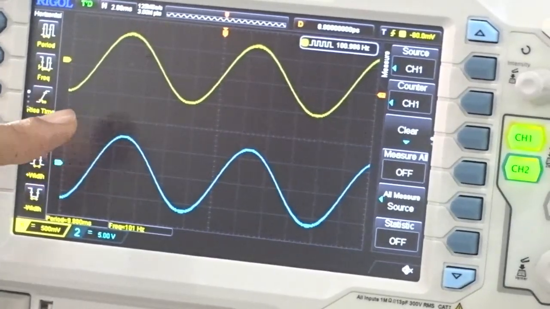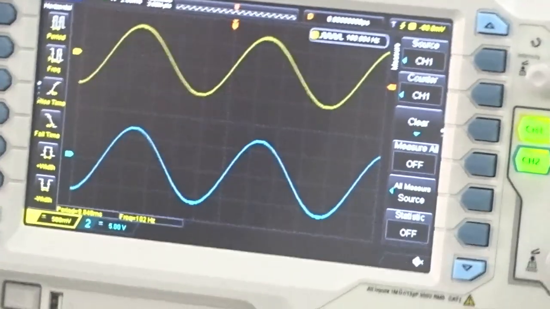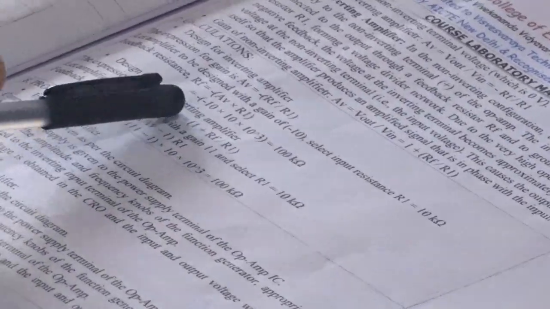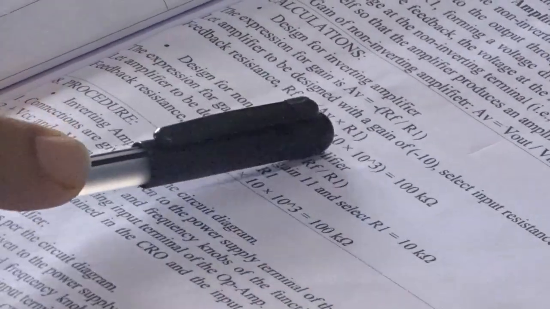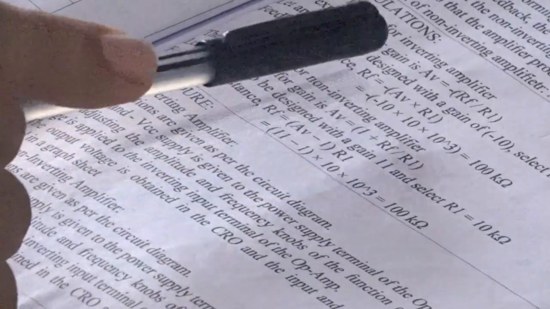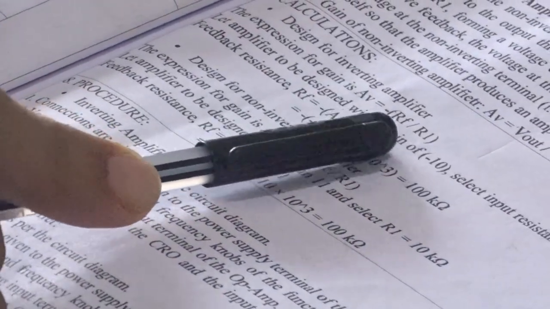Coming to the gain calculations of the inverting and non-inverting amplifier. For the inverting amplifier, we have chosen RF as 100k and input resistance R1 as 10k. The gain equation for the inverting amplifier is AV equals minus RF by R1.